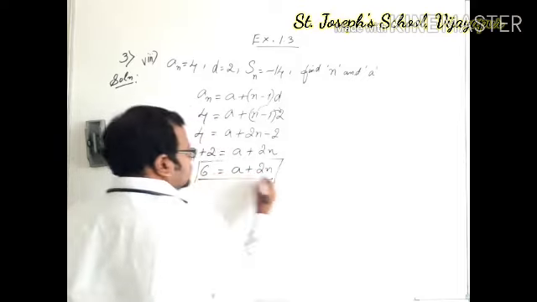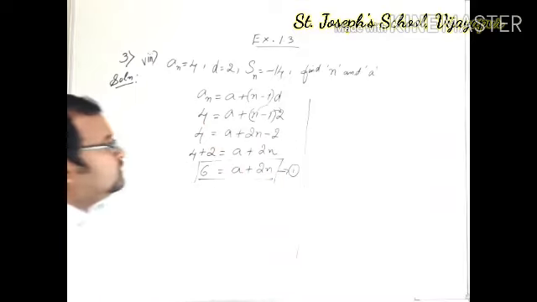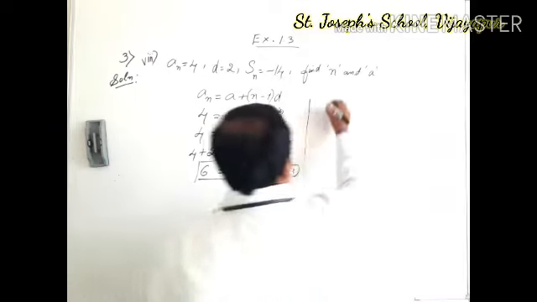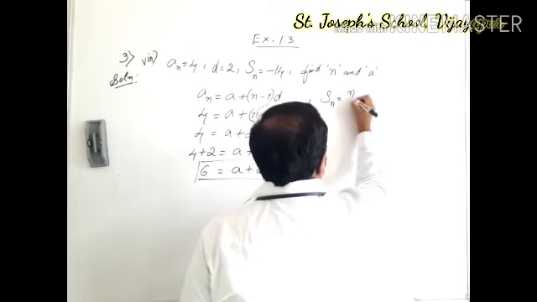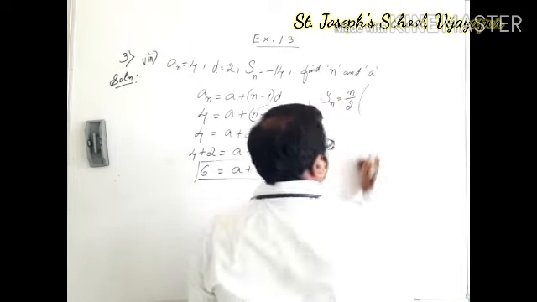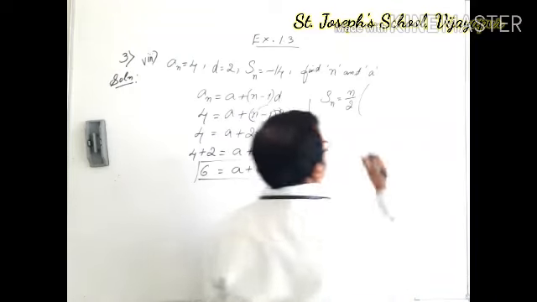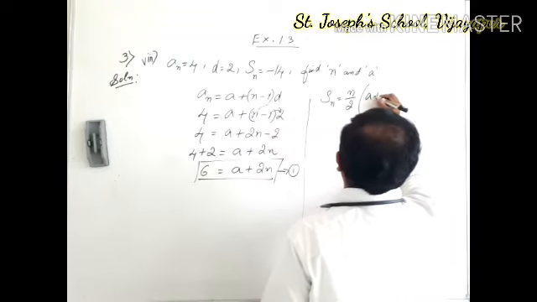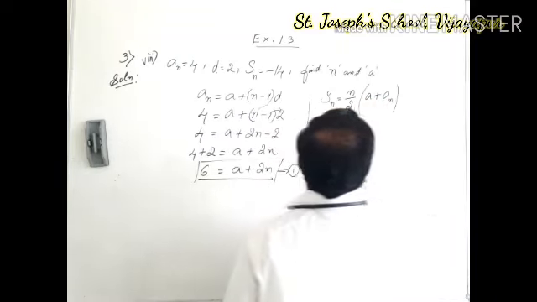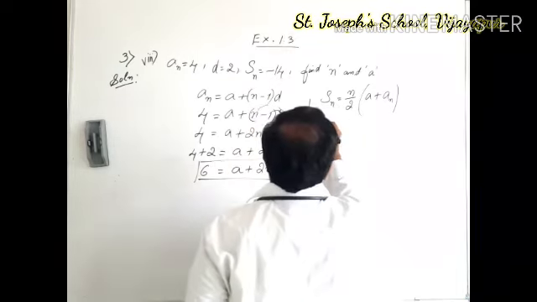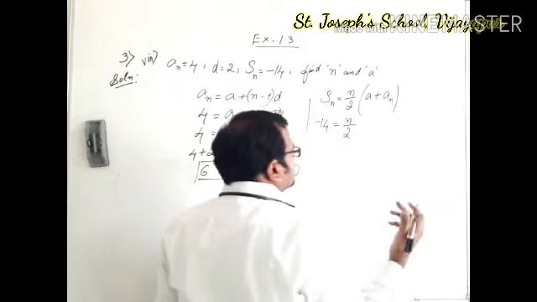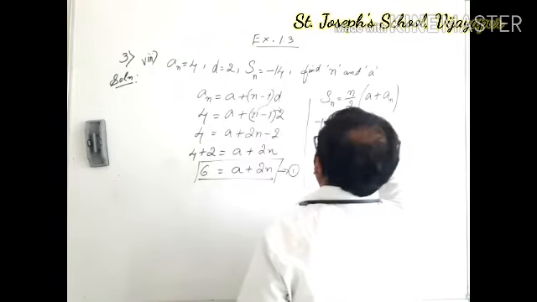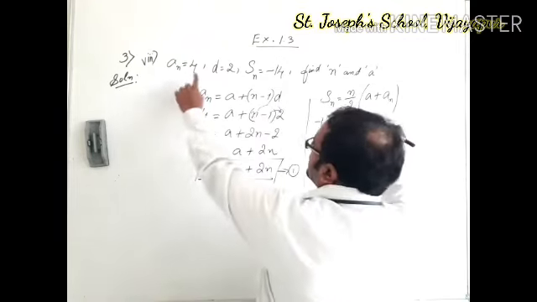Now we will use the Sn formula to get one more equation. So the second equation becomes Sn is equal to n upon 2 into, first we will try the shorter version, that is a plus an. Sn value is minus 14, which is equal to n upon 2, we don't know the value, into a, which is a itself, plus an, which is 4.